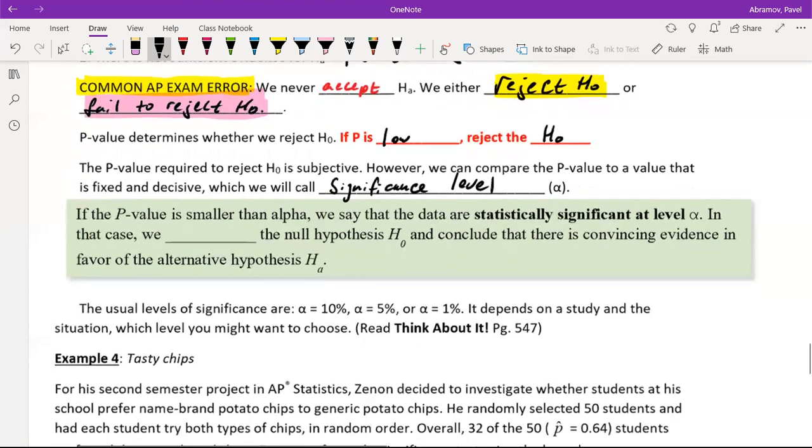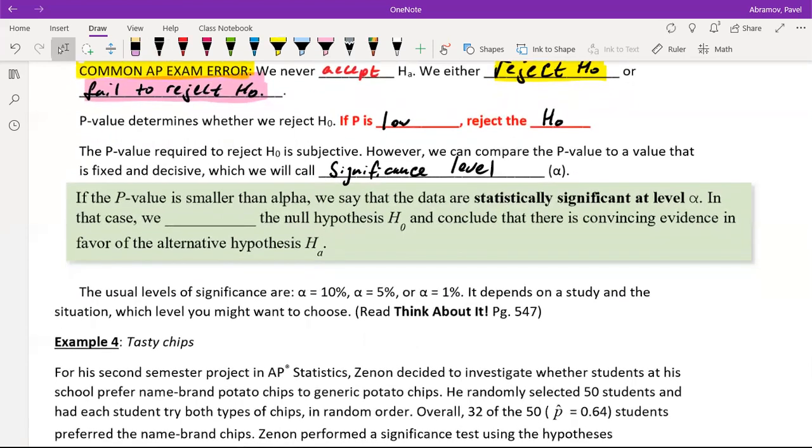So let's write down this definition. By the way, we're calling the significance level by the Greek letter alpha. If the p-value is smaller than alpha, the significance level, we say that the data is statistically significant at level alpha.